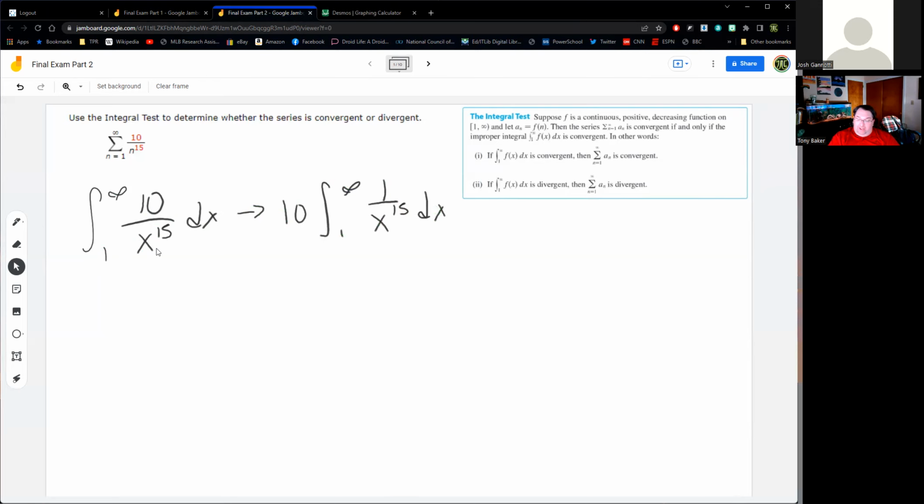So that integral is negative, evaluated from 1 to infinity.